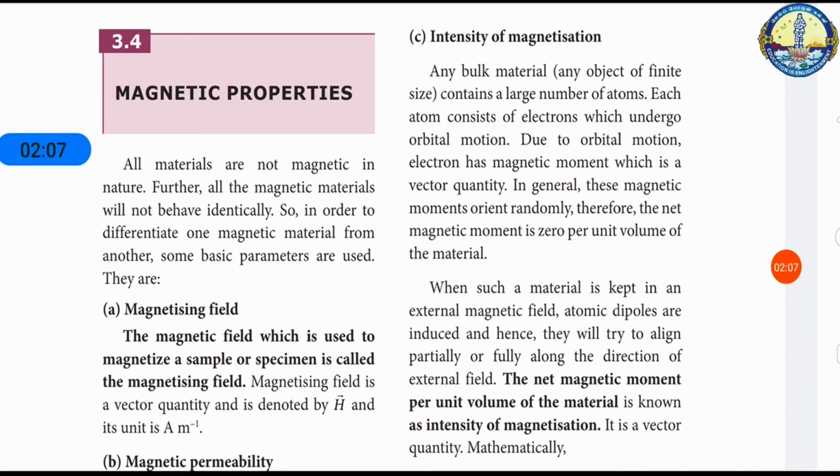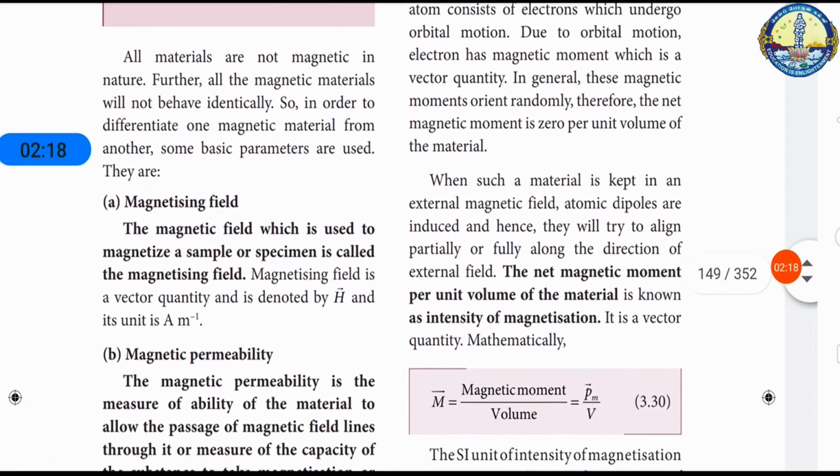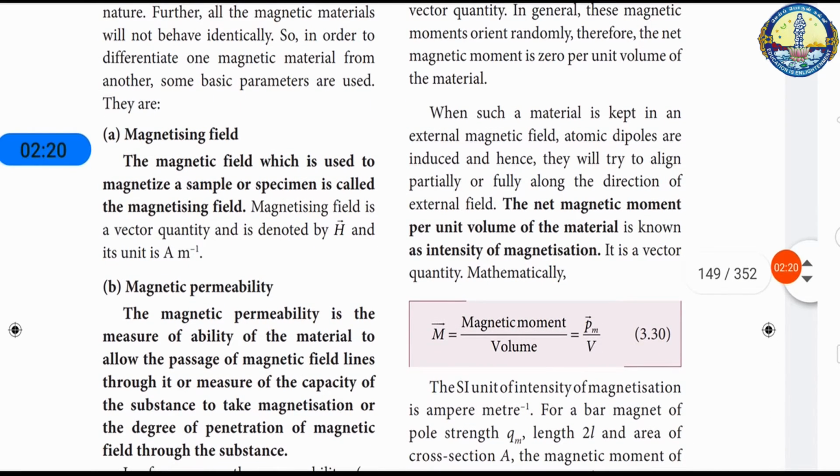So, when such a material is kept in an external magnetic field, atomic dipoles are induced, and hence they will try to align partially or fully along the direction of the external field. The net magnetic moment per unit volume of the material is known as the intensity of magnetization.